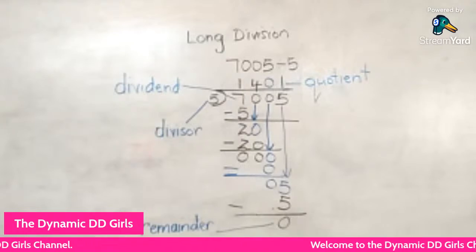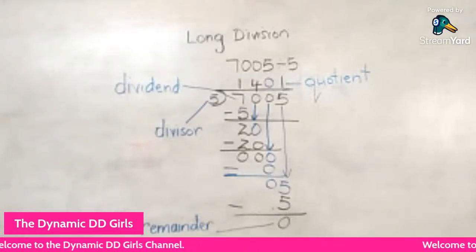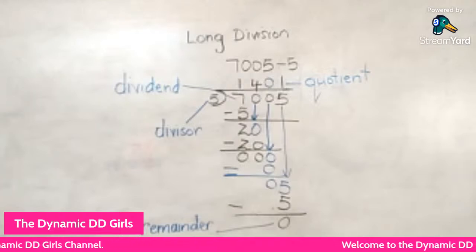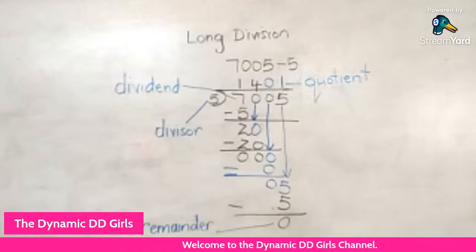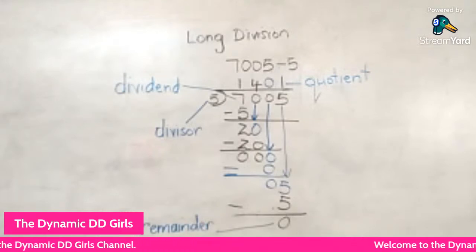So remember now, in this case, your dividend is always the amount that you want to share. It is always the amount that you want to share. And of course, remember now, your quotient is the amount that each individual would get when you share, or we call it your answer.